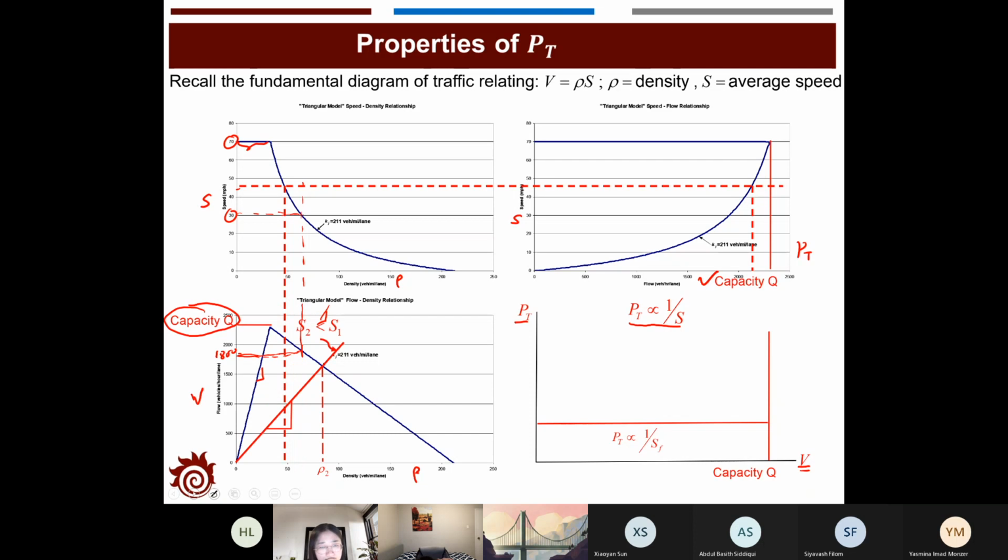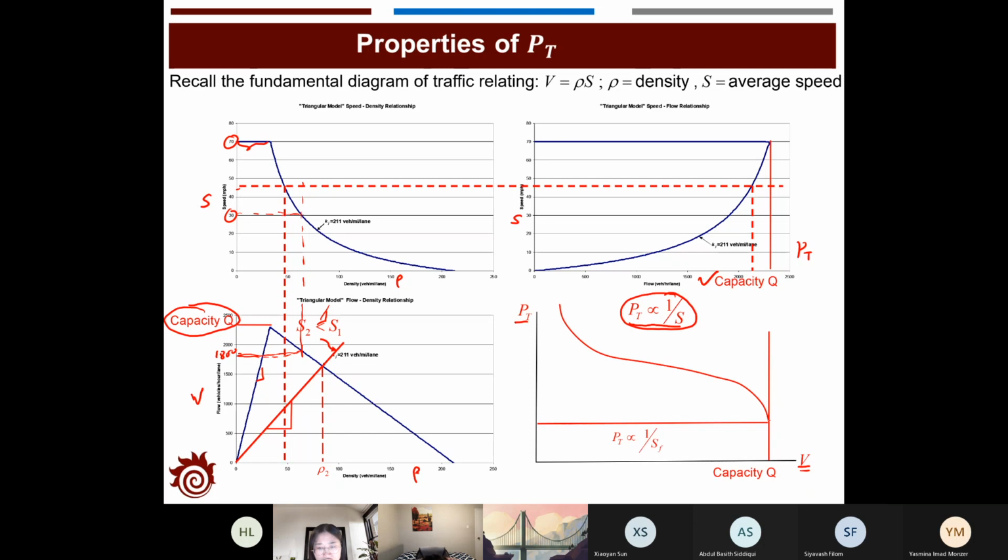By changing the value of the volume, you can find out the speed of the road, and with PT as the inverse function of the speed, you can then find out the value of PT.